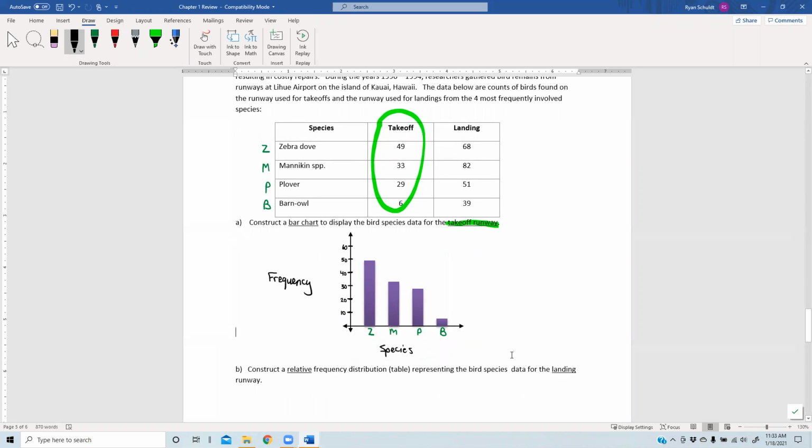Now, what are we missing? Yeah, title. So our title is Birds Found on Takeoff Runway.